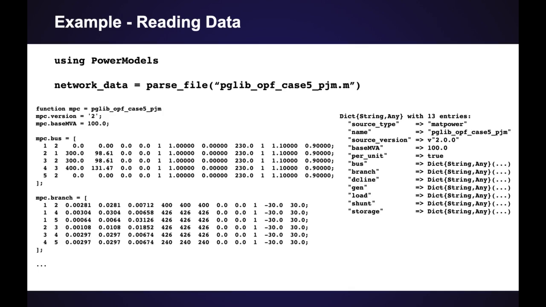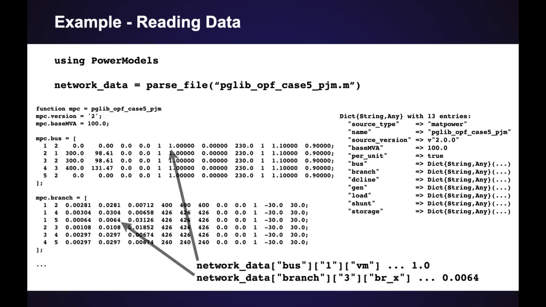When we load this into Julia, we've converted it into a dictionary. So now we have a dict, which has a nested structure, but with similar names like bus and branch and line. And then if you want to look up specific values in these tables, there's a very consistent way where you say the data, the component type bus, the component ID 1, the voltage magnitude is called vm, and you get the value 1.